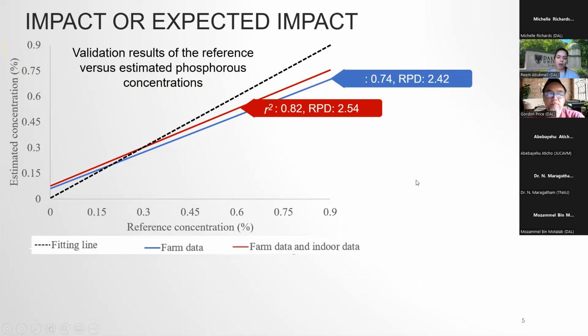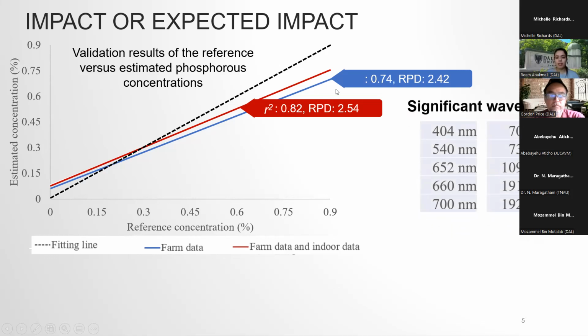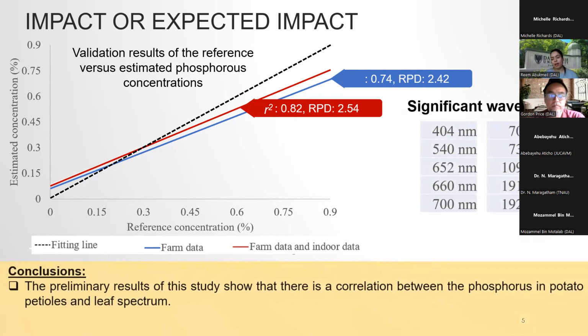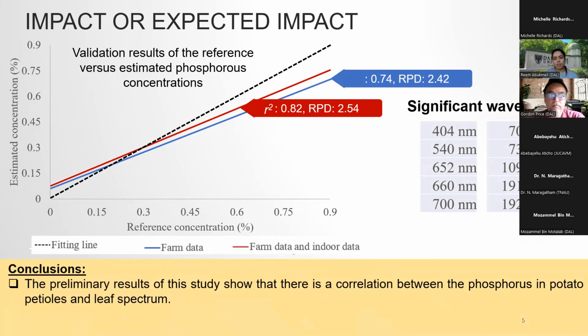Sure. So here are the results. As you can see, the black line is the baseline that we want our models' estimation to match. And you see the two lines, the blue line and the red line here. The blue line is only for the data points taken from the outdoor farms, while the red line is the estimation model from merging the outdoor data points and the indoor data points.